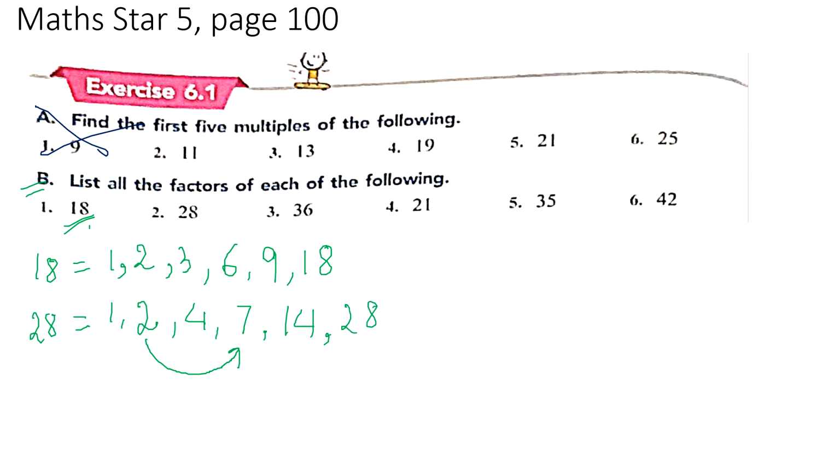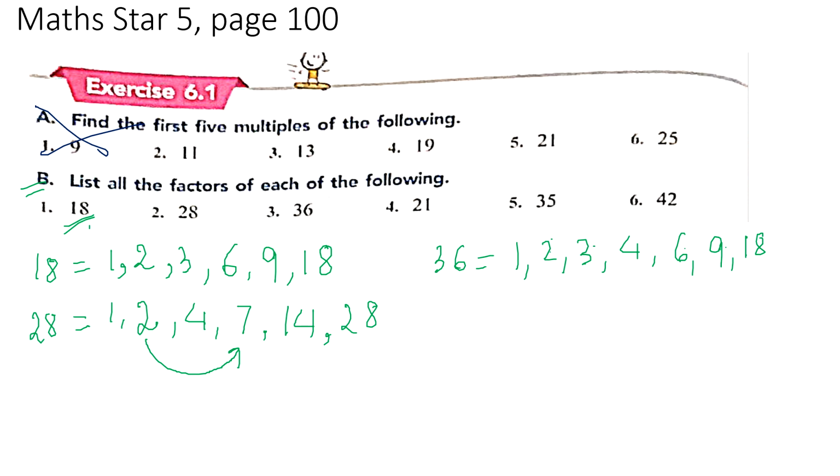Okay. Similarly, now check for 36. For 36, you start with 1, 2, use the divisibility rule. Okay. Then you start multiplying. You see 2 nines are 18. Okay. 18 is a factor of 36. Then you can multiply 3 and 6, still 18 is coming, right? After that, now check for 2 times 6, that's your 12.